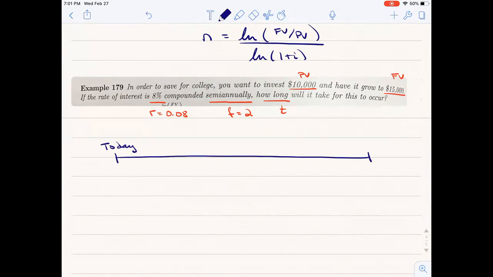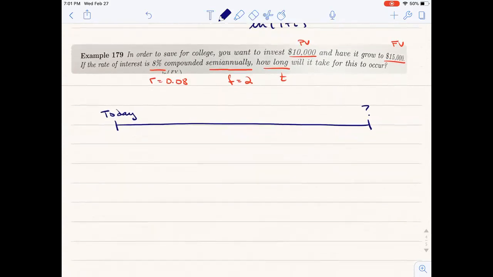And then here, the whole question is asking how long is it going to take, right? And so I'm just going to put a question mark there, to show that I don't know how long it's going to take. That's what I'm going to find. So today I put in 10,000, and I know I'm going to let it sit there until it's grown to 15,000.